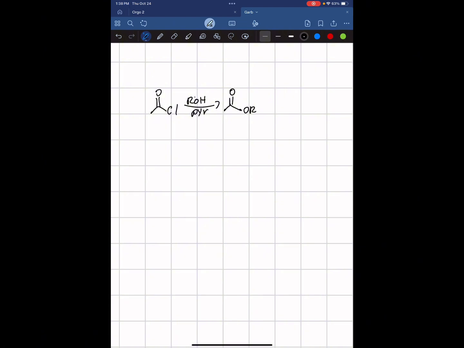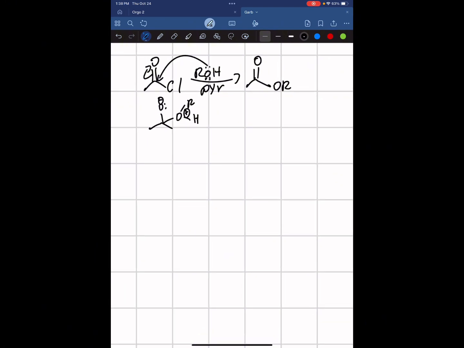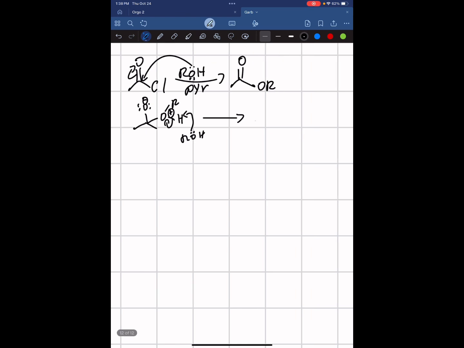So to begin with, we're going to have a nucleophilic attack right there, and it's going to make the double bond fall into the oxygen, giving you this. Now from here, you're going to have another ROH group come in, or pyridine, whichever one is going to come in and deprotonate the hydrogen atom right here. I'm just going to do another ROH group, and it's going to make that bond fall into oxygen.